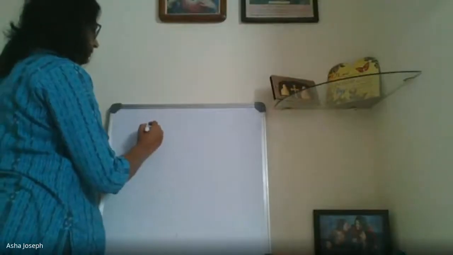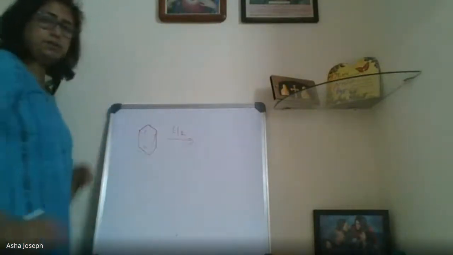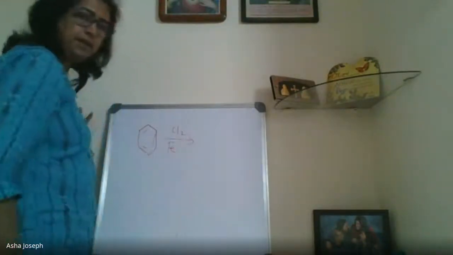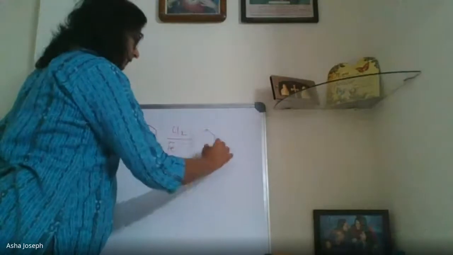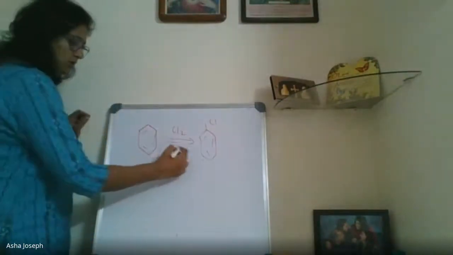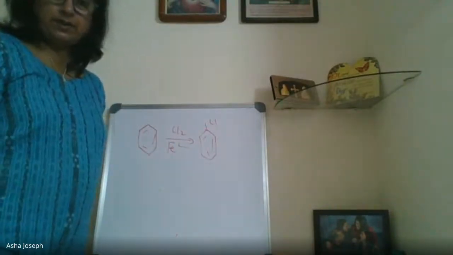So halogenation: suppose I take benzene. If I want chlorination, I will take chlorine in presence of Fe, iron. Then I will get chlorobenzene. So you should remember the halogen carrier can be iron or iron chloride.